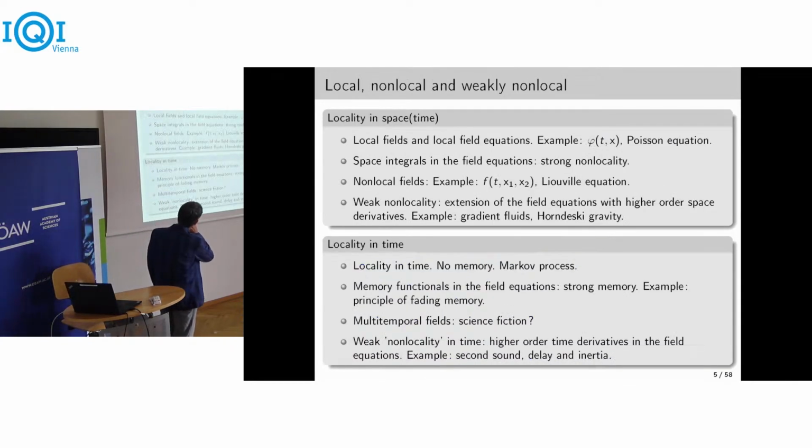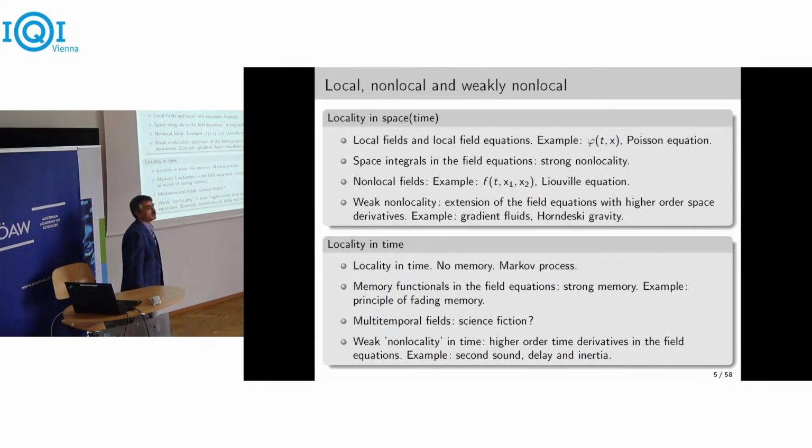Okay, first concept, local, non-local, and weakly non-local. Emphasis is on weakly non-local, and let me clarify some background. So we can distinguish between locality in space-time and locality in time somehow, especially in non-relativistic case. And locality in space means local fields and local field equations.